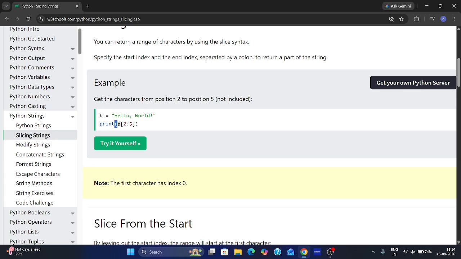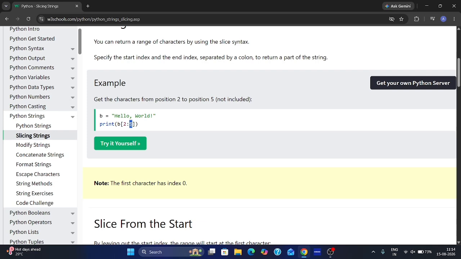You have to remember two things: the first character has index 0, and you don't include the ending number, 5.